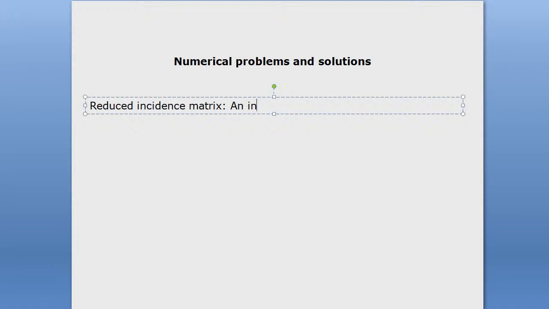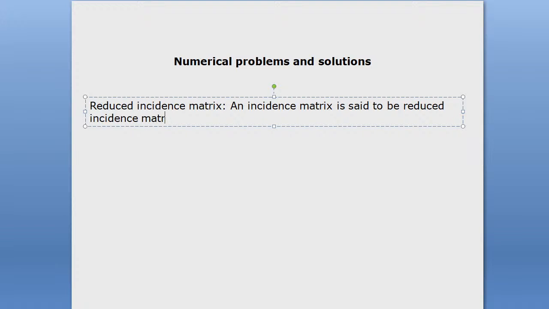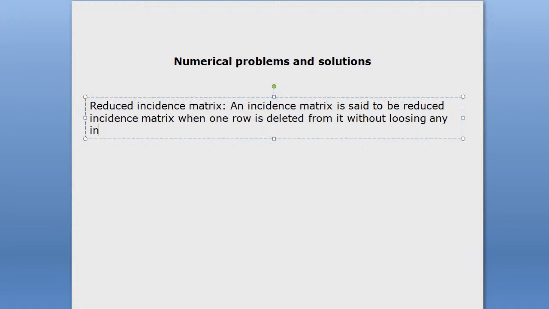An incidence matrix is said to be a reduced incidence matrix when one row, not column, one row is deleted from it without losing any information in it or associated with it.